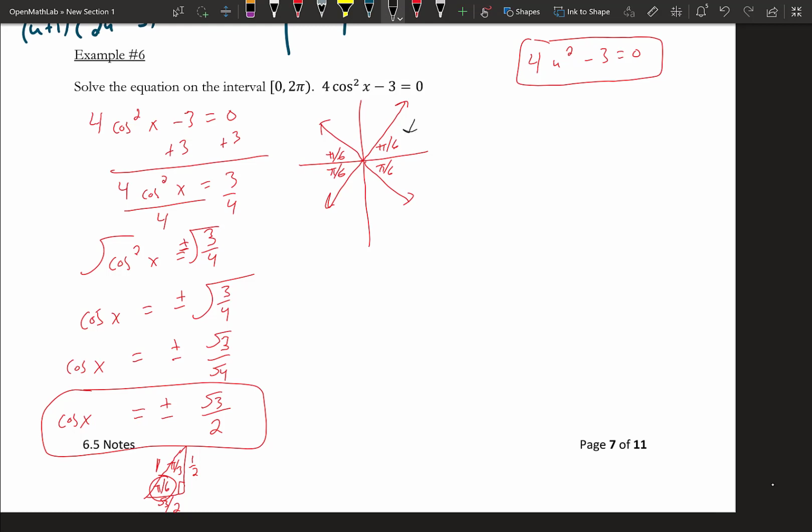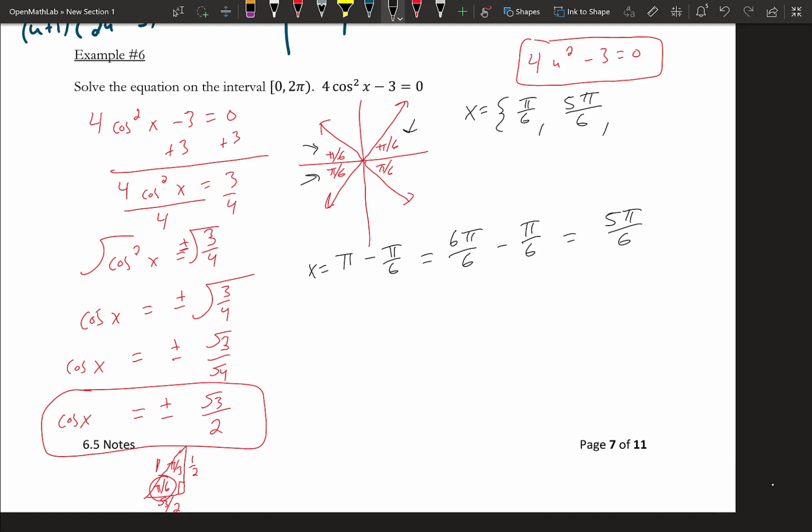That's just pi over 6. The second one, x would be equal to pi minus pi over 6, which equals 6 pi over 6 minus pi over 6, to get a common denominator, which is equal to 5 pi over 6. So that would be in here as a solution.